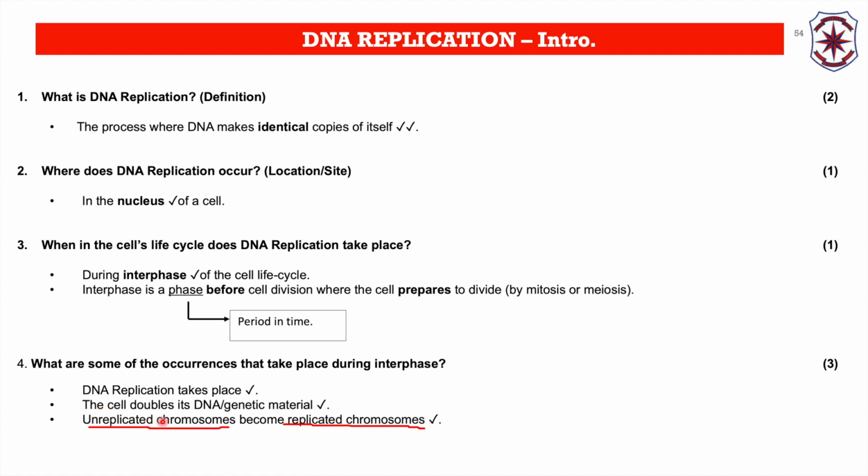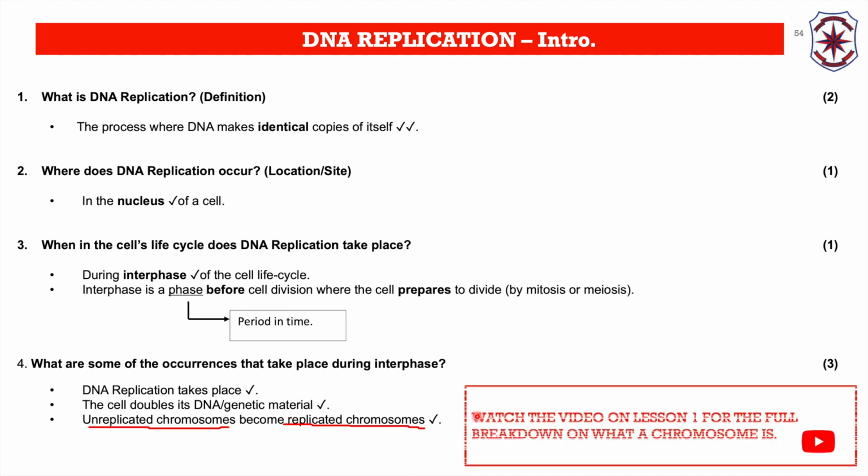Therefore, unreplicated chromosomes that have one chromatid will become replicated chromosomes, and replicated chromosomes are those chromosomes that contain two chromatids. Now we will look into that in the following slide. I will make a more detailed explanation of this concept on the next slide.